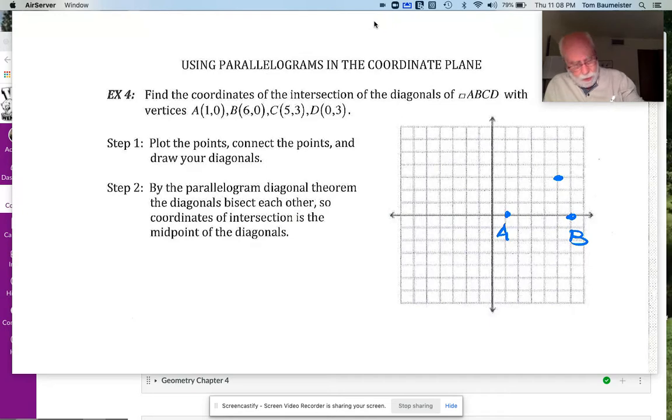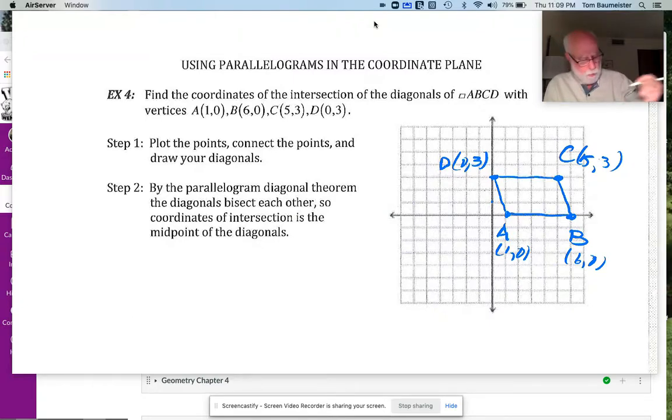So there's A at 1 and 0. B is at 6 and 0. C is at 5 and 3. And then we know that D is at 0, 3. There we go. Again, the x direction, the y direction. Now, that looks better. All right.